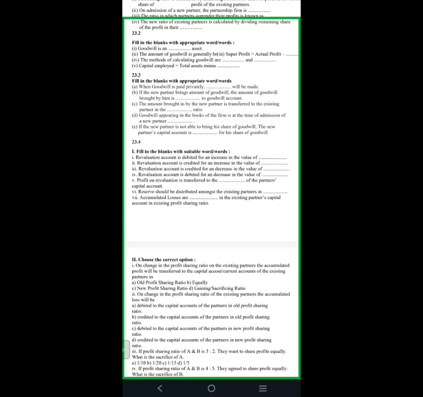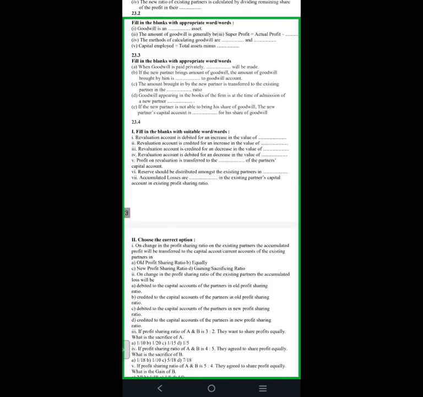The amount brought in by the new partner is transferred to the existing partners in the sacrificing ratio.